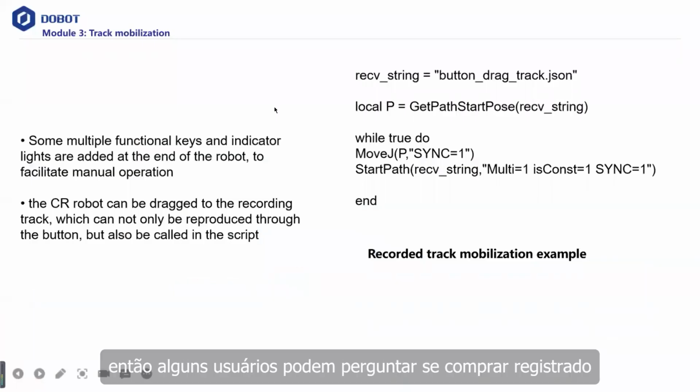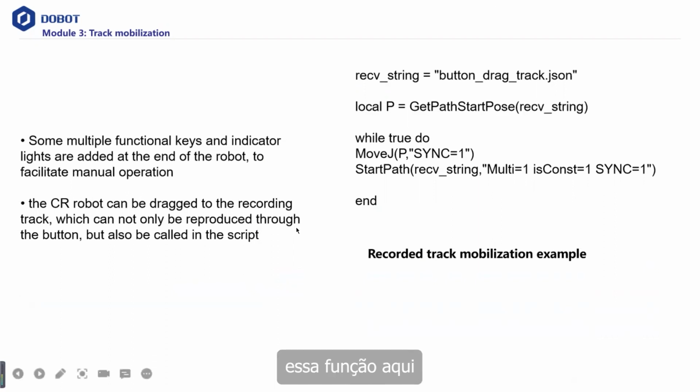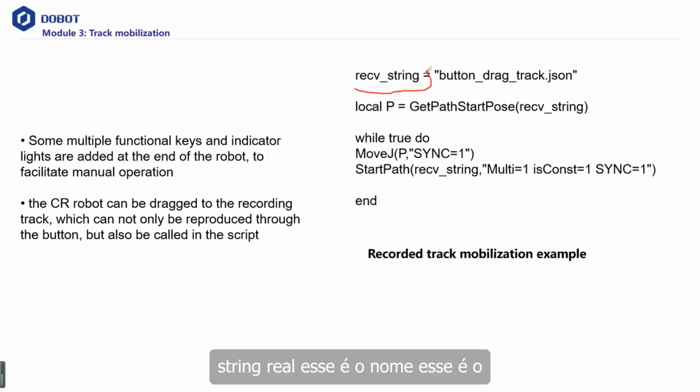So some users might ask, if I recorded some trajectory, how can I call it? How can I use this function in the script or in the blockly? So we developed this function here. We use this string.